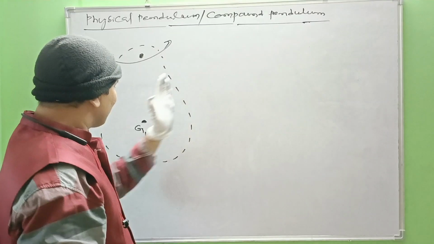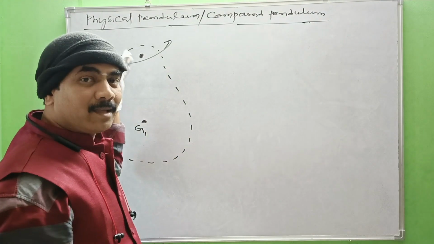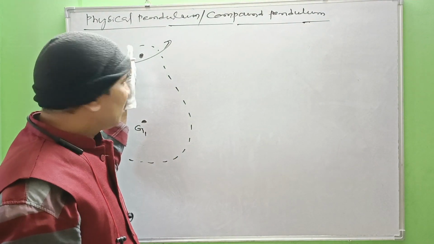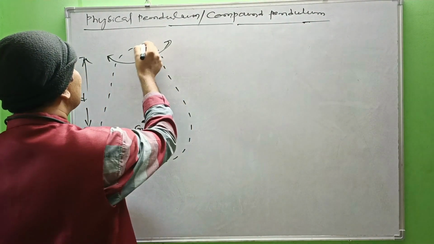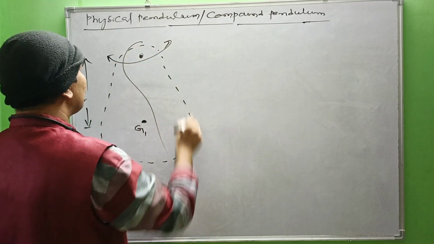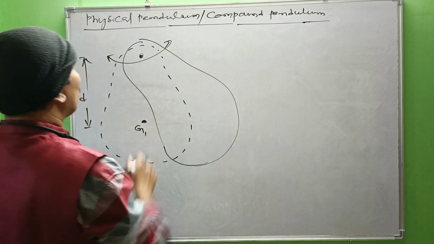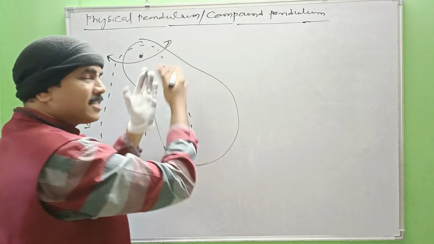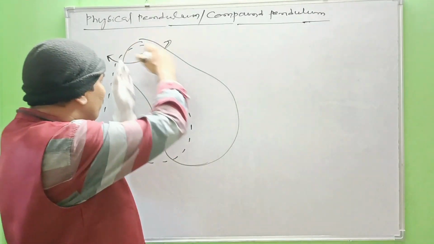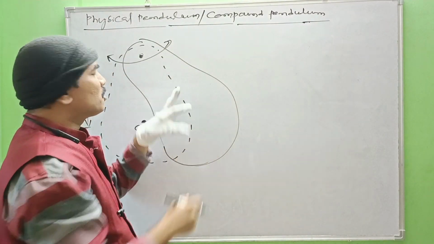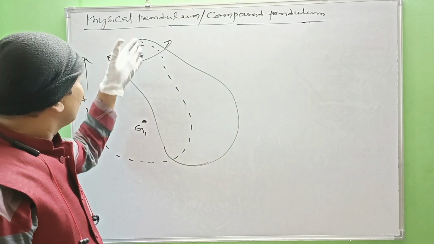Now, during its oscillation on either side, at some instant, this will be the position of the rigid body. Same body, but made to oscillate at some instant. Let it be the position of the rigid body.